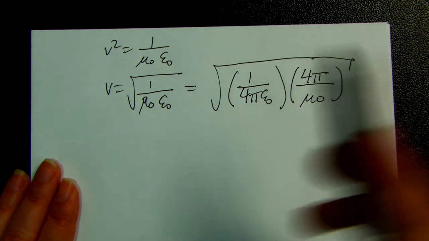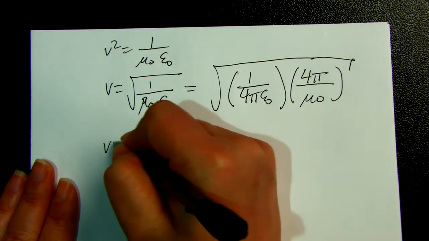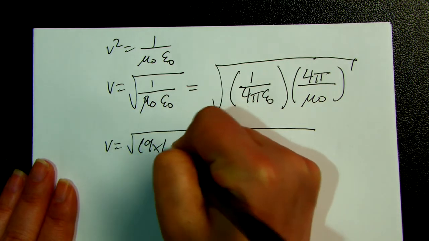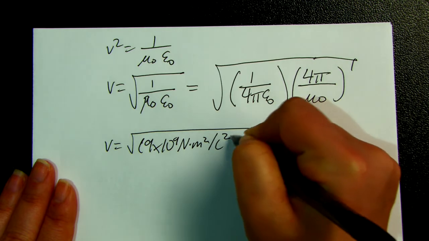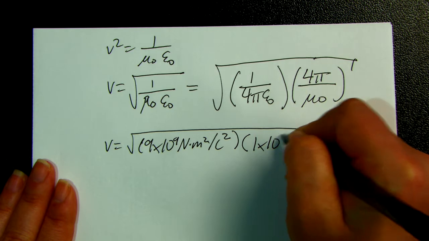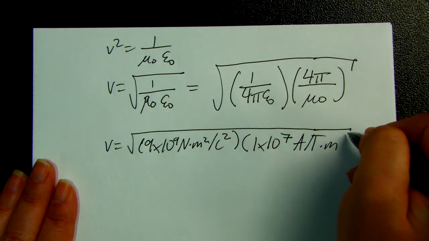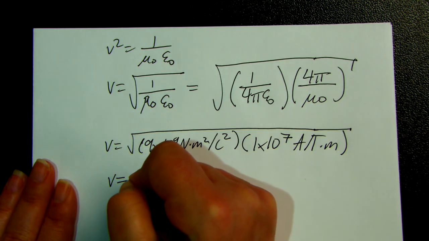All I've done there is set it up so that we can plug in our normal constants. So V is equal to the square root of 9 times 10 to the 9 Newton meters squared over Coulomb squared, and 1 times 10 to the negative 7 Tesla meters per amp. Plug that into your calculator.